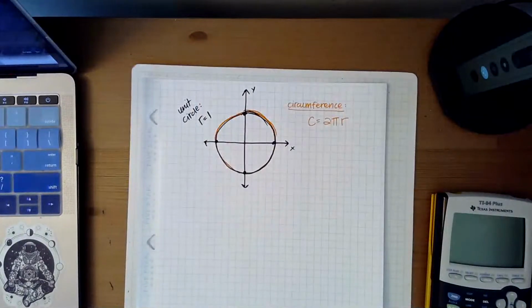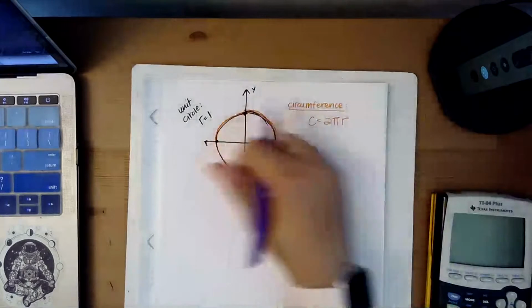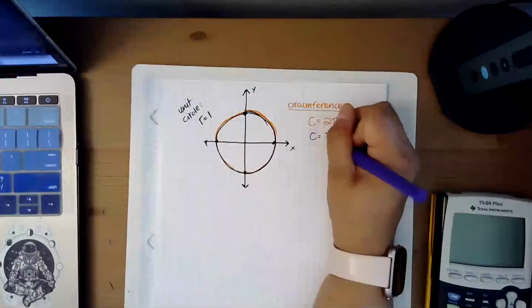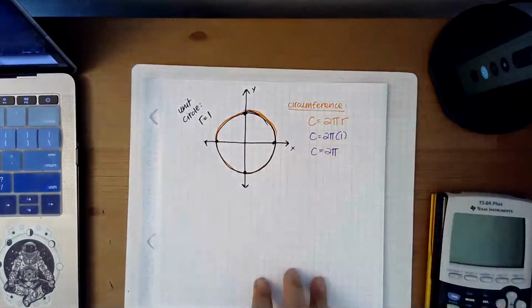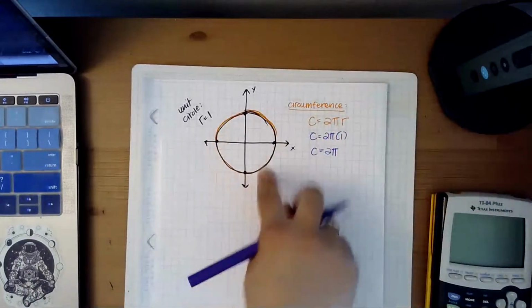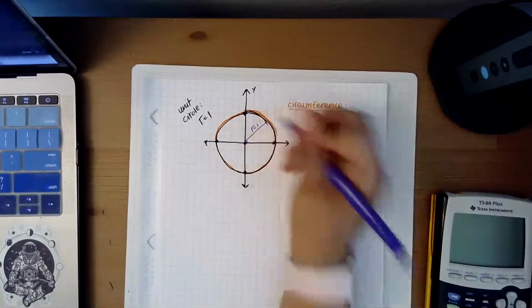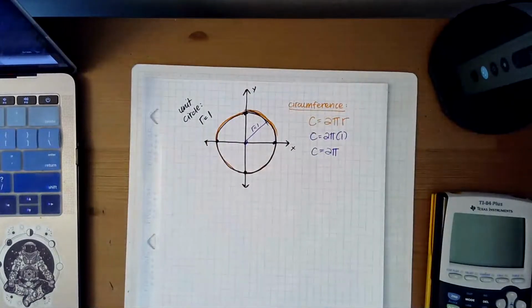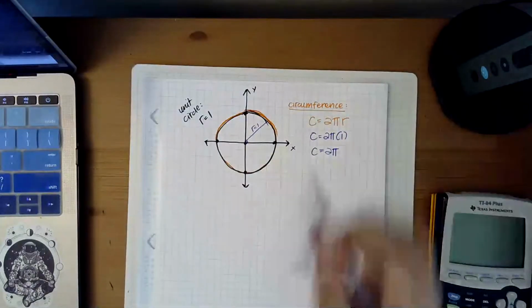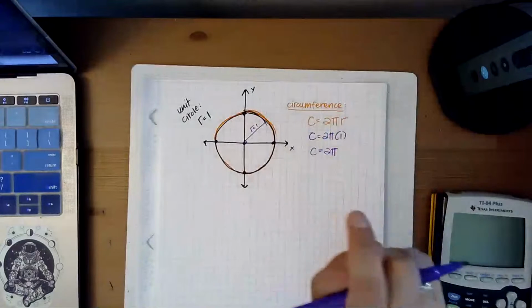So I recognize that the circumference of this pizza here is going to be 2 pi. Because remember, r equals 1. Okay? So the arc length of the entire circle is called circumference.